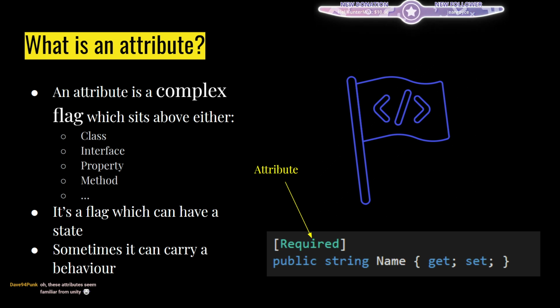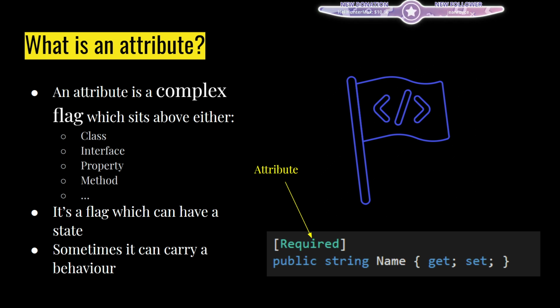If you submit a form with a field that is required, it will complain. But if you work with it in memory, nothing will happen. So it's all about the context. Only when you trigger the context, which supports working with the attribute, it will do something.